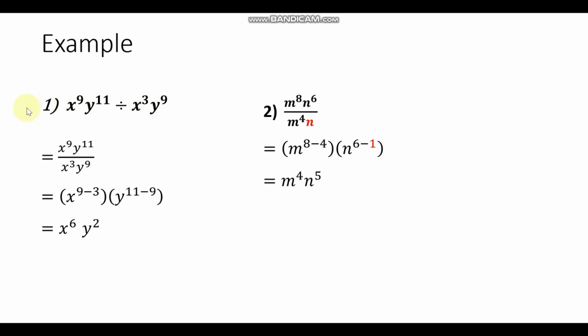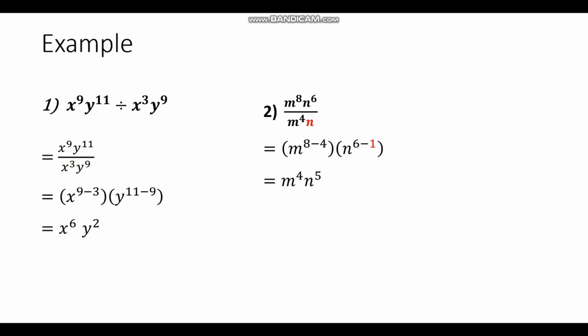In a question like this, we have to transfer them into fraction form, which means we write down the first one at the top and the second one at the bottom. So the first one, we have x to the power of 9, y to the power of 11 divided by x to the power of 3, y to the power of 9.